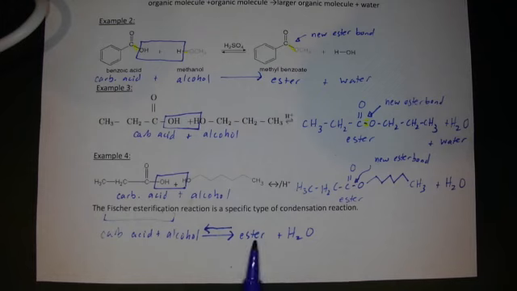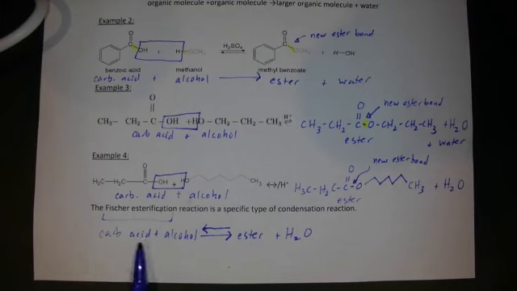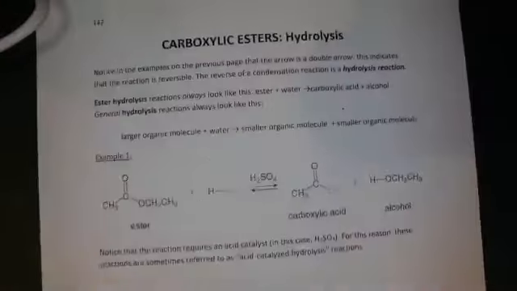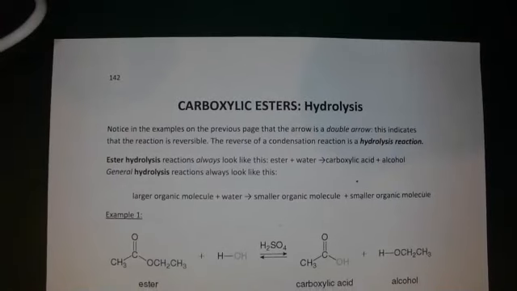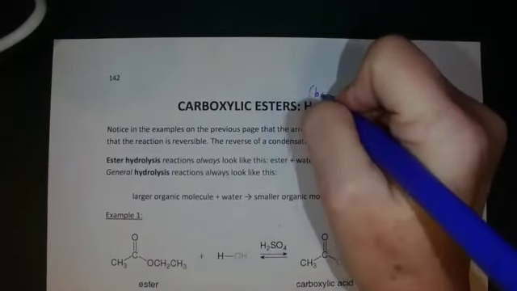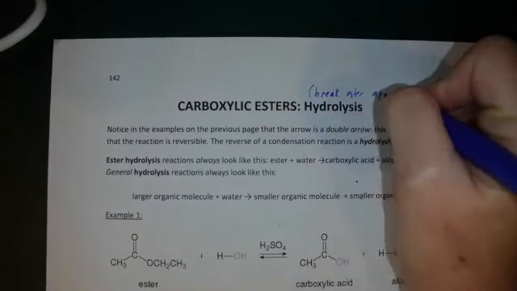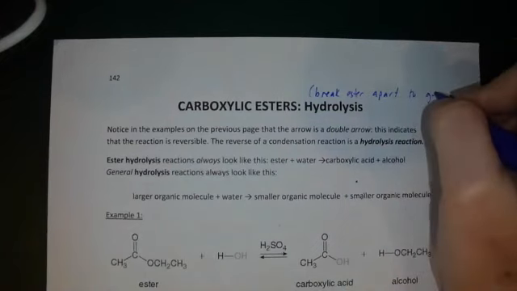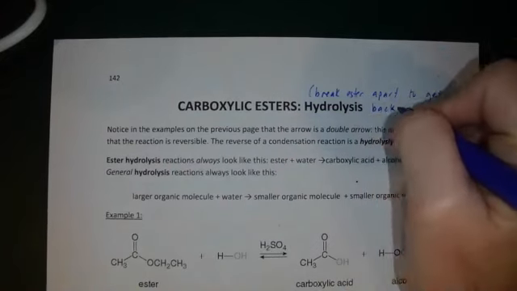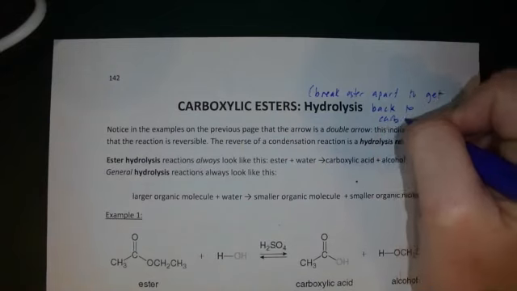Apparently, we can take ester and water and go backwards to get back to the carboxylic acid and alcohol. So let's flip the paper over, see what that looks like. Page 142. Carboxylic ester hydrolysis, what that means is break the ester apart to get back to the carboxylic acid and alcohol.